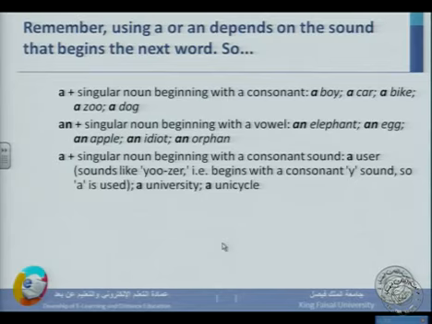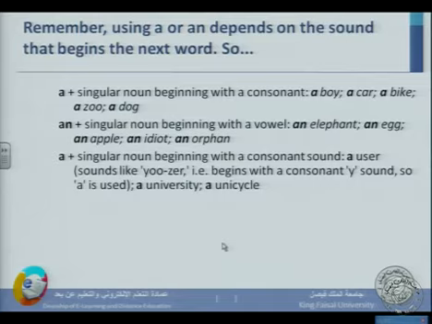For example, a plus a singular noun beginning with a consonant, like a boy, a car, a bike, a zoo, a dog.